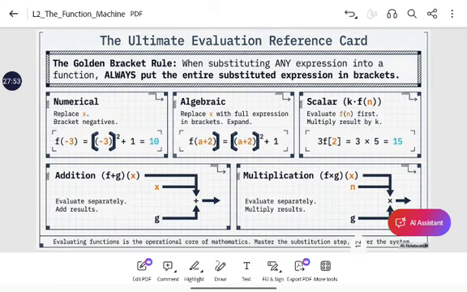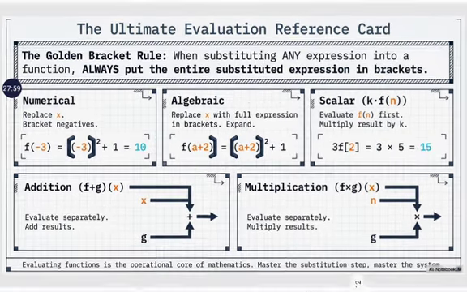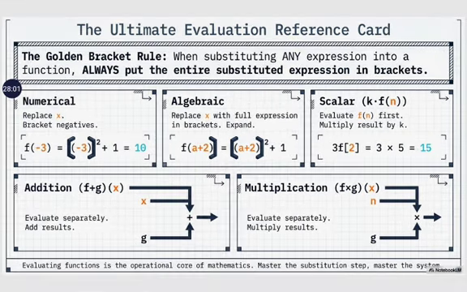So evaluating a function is the operational core of mathematics. We have the numerical process, we have the algebraic, that is when the x value is a single number, when the x value is a binomial or an algebraic expression, when we have a scalar multiplier, when we have addition and multiplication.